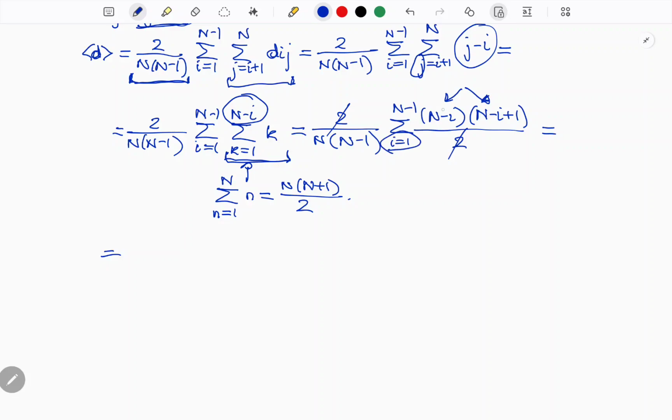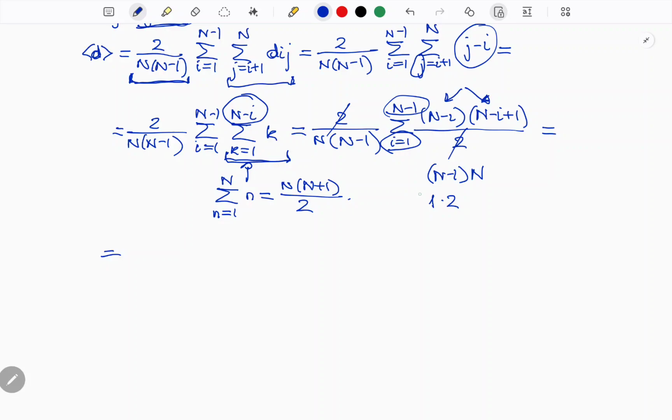So for i equal to 1, this is n minus 1 times n. So that's the first term. And the last term is going to be for i equal to n minus 1. So for i equal to n minus 1, n minus i would be equal to 1, and I would multiply it by 2, because it's n minus i plus 1, so it's the next number.